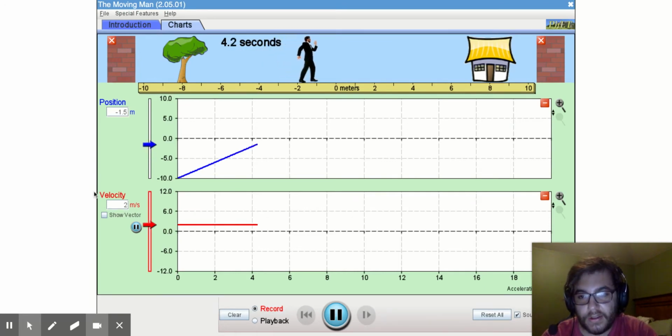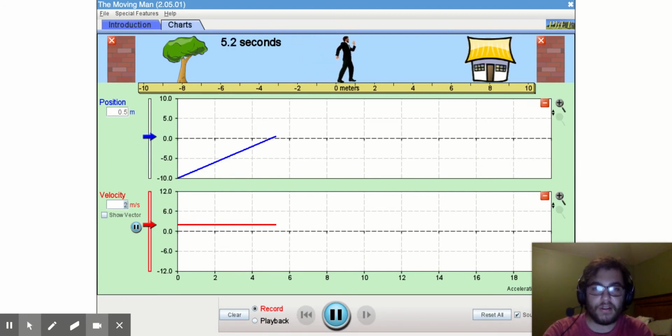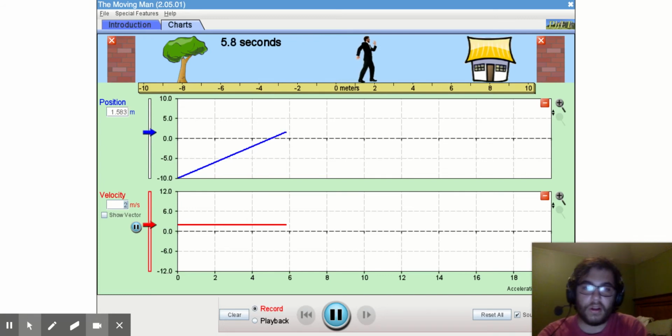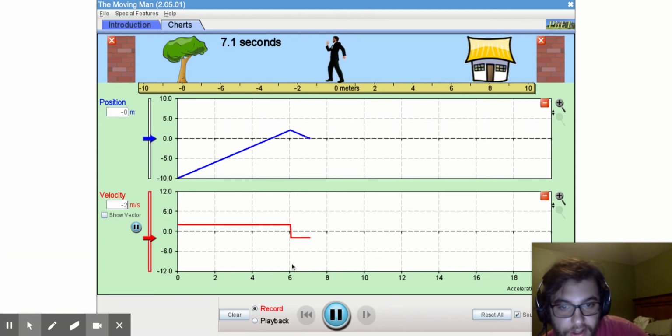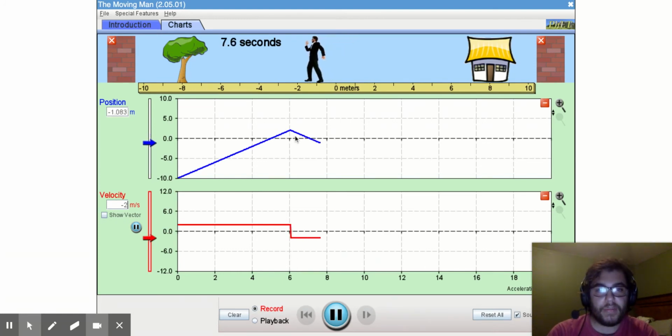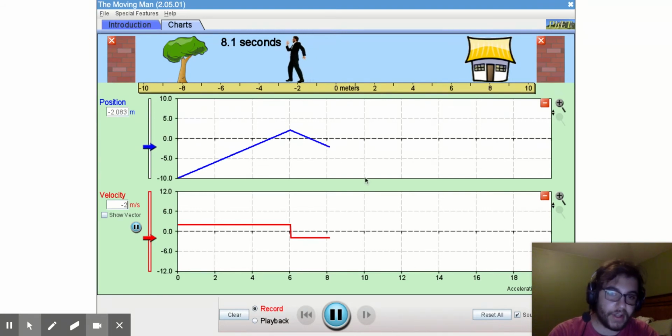Now, what will happen is if I change this all of a sudden, let's do -2, the graph here changes and the position versus time graph changes as well.